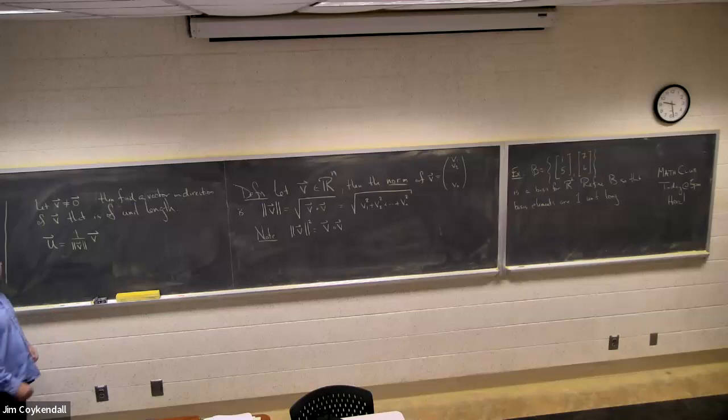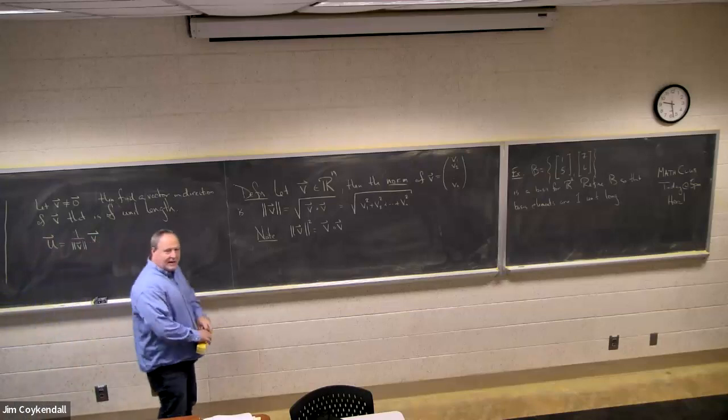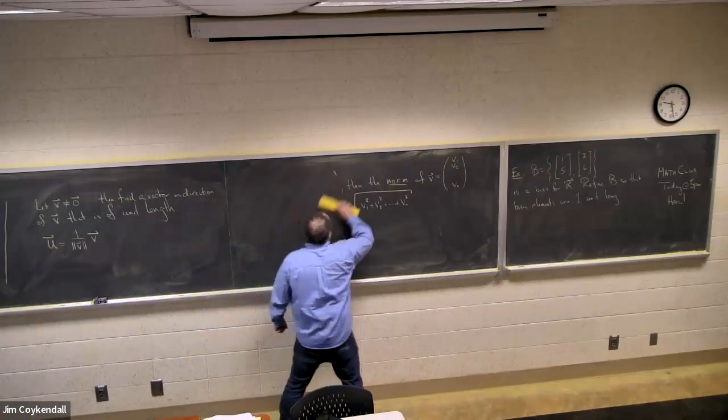So is everybody comfortable with the fact that U and V are in the same direction? Because I've taken V and multiplied by a scale. The only thing I need to verify is that this U is actually exactly 1 unit long.